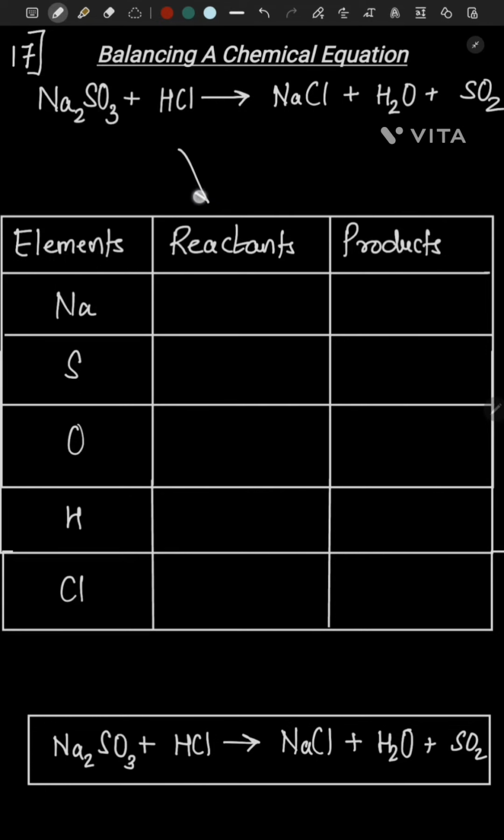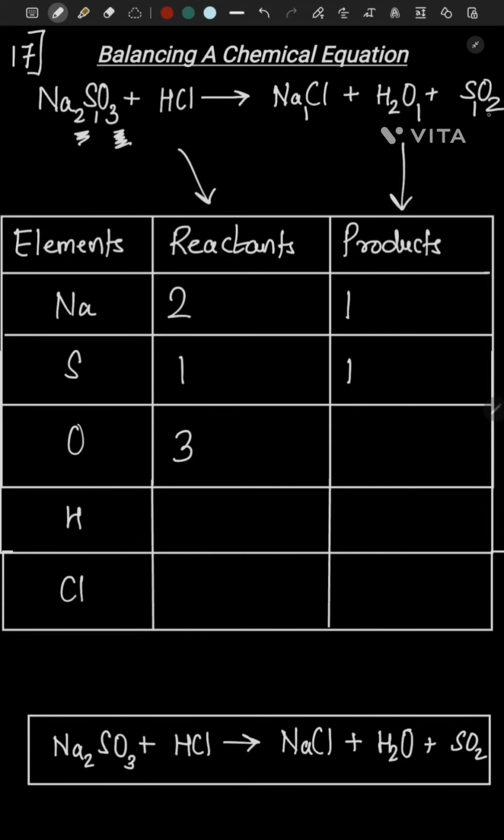Let's count the number of atoms present on either side. Sodium. On the reactant side, we have 2 atoms of it. But on the product side, there is nothing, means 1. Sulfur. Nothing, means 1 atom of sulfur on the reactant side. Similarly, 1 atom of sulfur on the product side. Oxygen, we have 3 atoms on the reactant side.